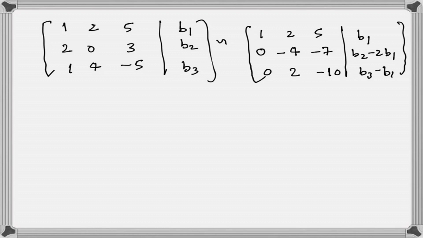Okay, so now next we'll do the elementary row operation. Let me just write what operation we used: r2 minus 2r1 and r3 minus r1.